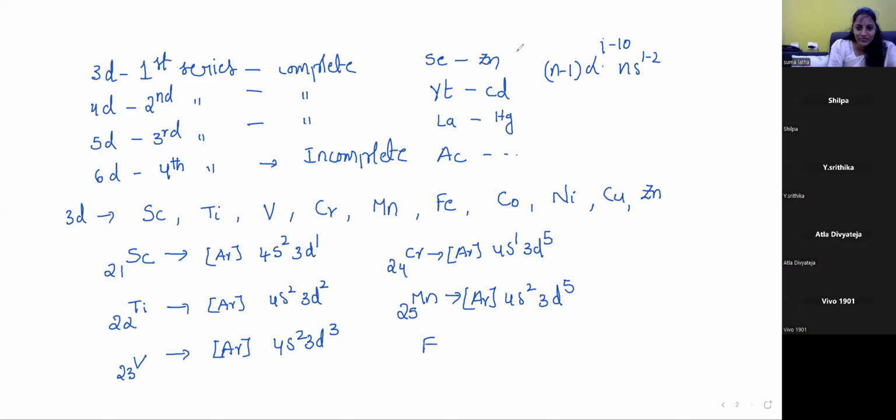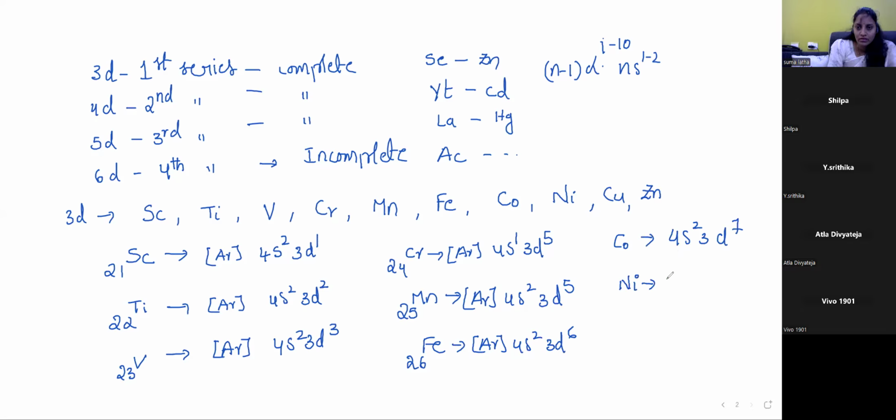Iron, 26. What is its electronic configuration? 4s2 3d6. Cobalt, argon, I'm not writing. 4s2 3d7.